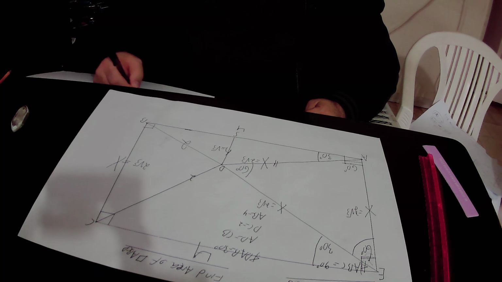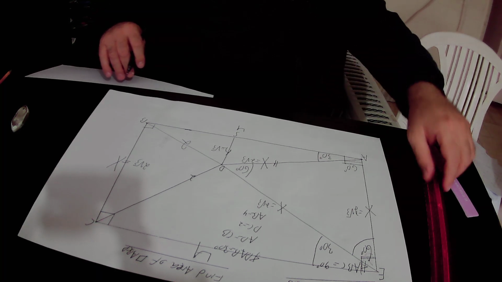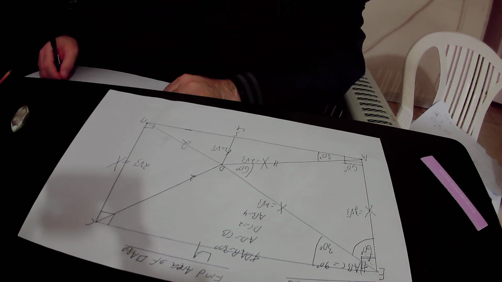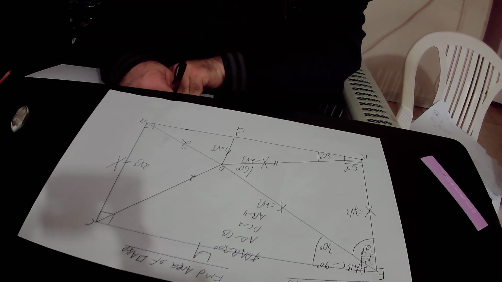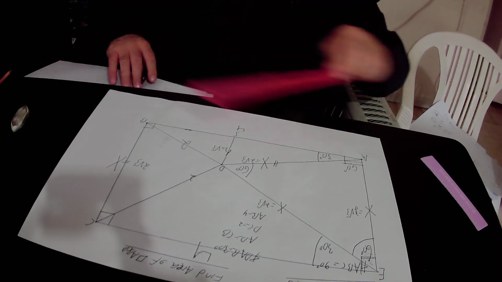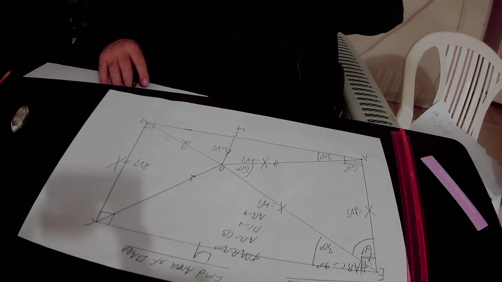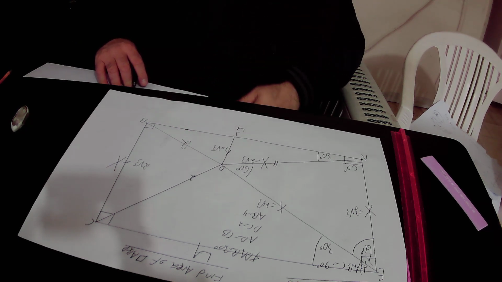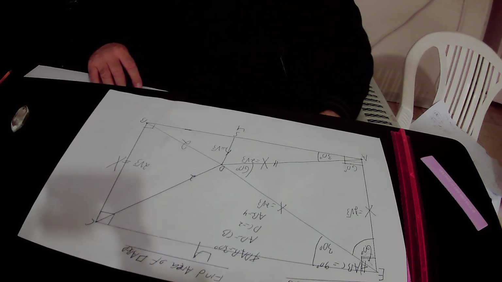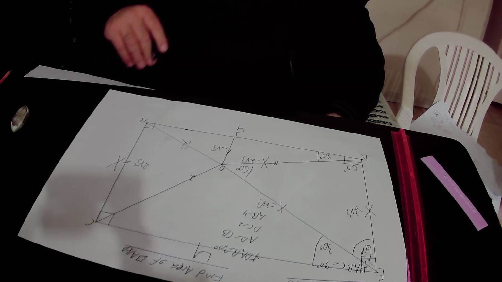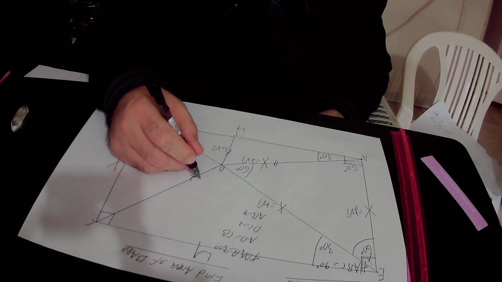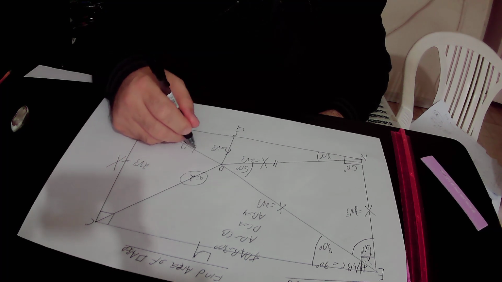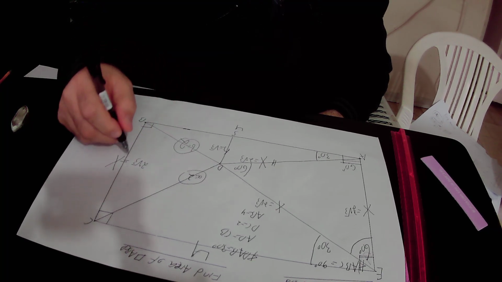First of all, we will find out the semi-perimeter of triangle DBC. The semi-perimeter of any triangle is equal to the perimeter of the triangle over 2. Here we'll define it as A. This is B. And this is C.